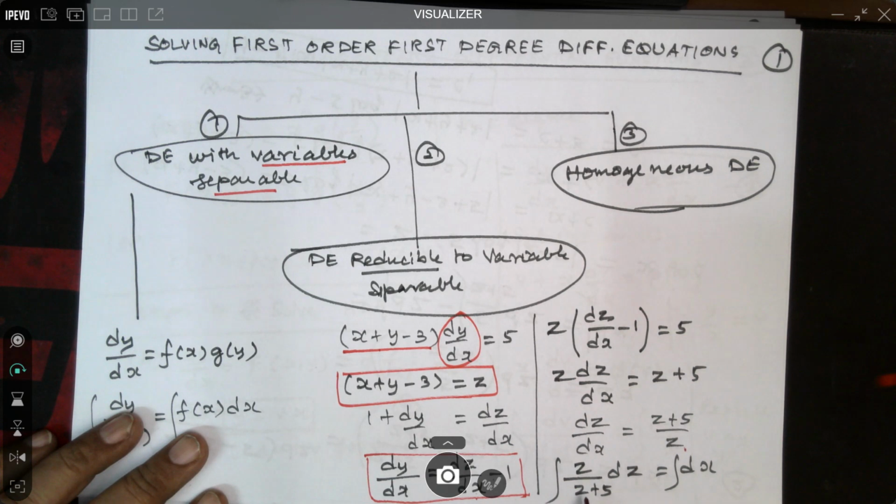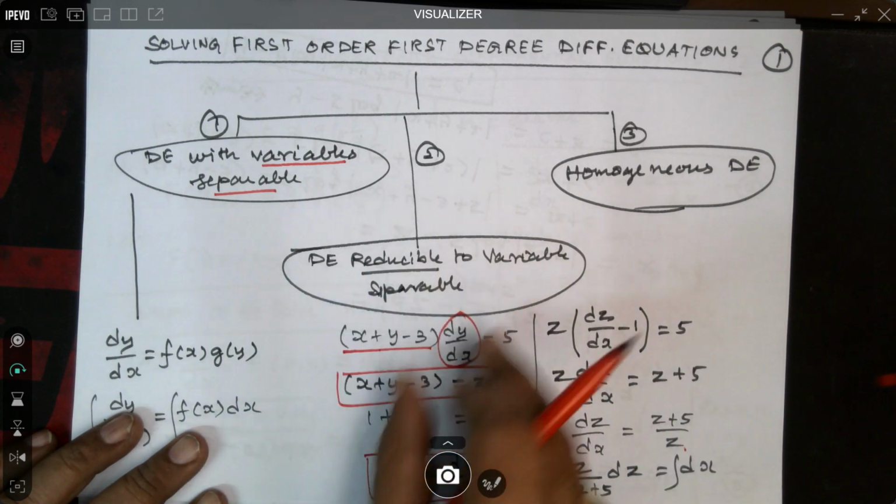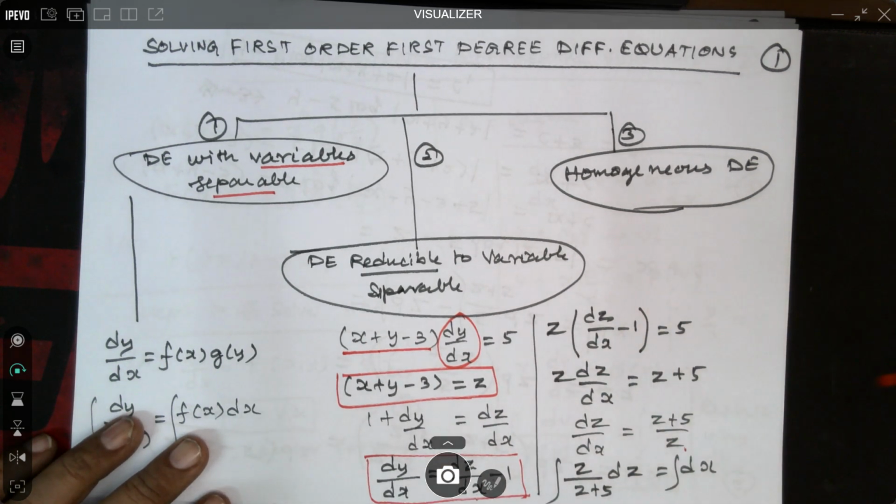Now our idea is to bring the dx, so you can bring this dx to the right hand side. So we have dx here. Now we have totally isolated z and x, but note that we have not yet isolated the y, because z is x plus y minus 3. However, by taking the third variable and substituting, now the first and third variables are totally isolated. Is it clear now? Right.